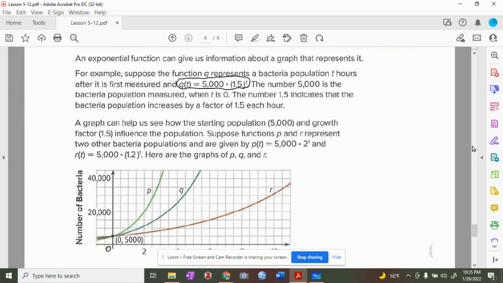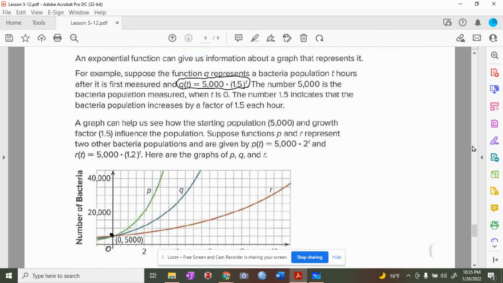The number 5,000 is our starting value. It is that initial population at time equals 0. The 1.5 indicates that the bacteria population increases by a growth factor of 1.5 each hour. So we can see that population start right here.